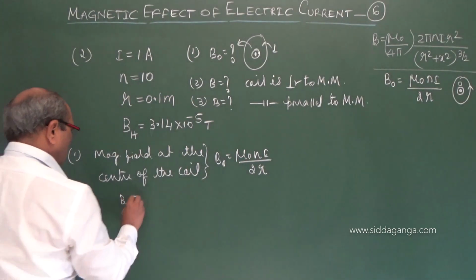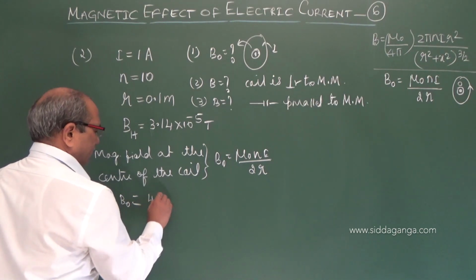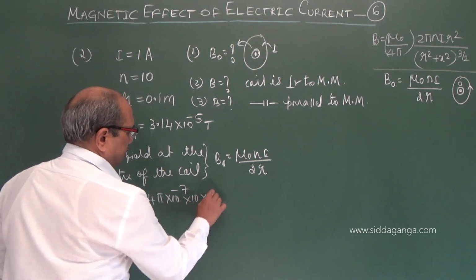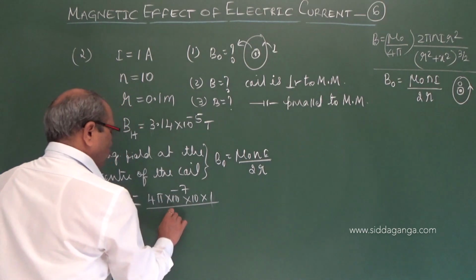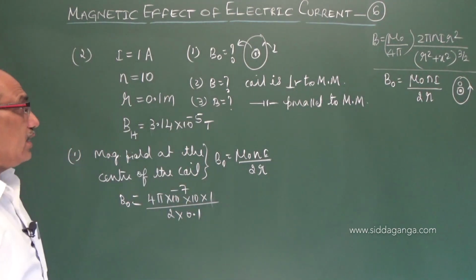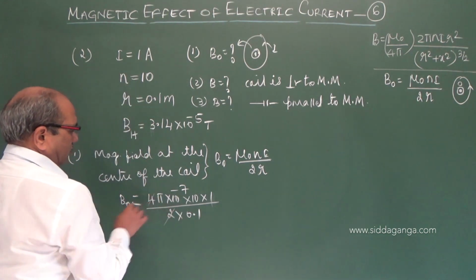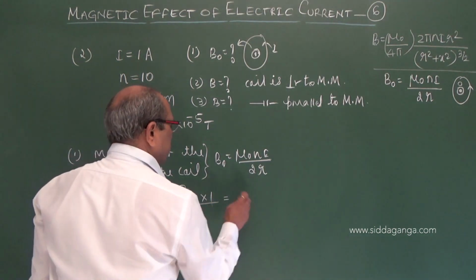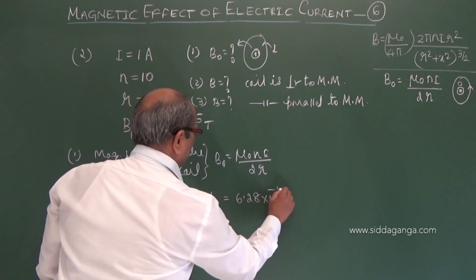B0 equal to 4 pi 10 power minus 7, number of turns 10, current 1 ampere, and 2 into radius 0.1. Once you cancel, this becomes 2, minus 1 minus 2, and the answer is 6.28 into 10 power minus 5 Tesla.